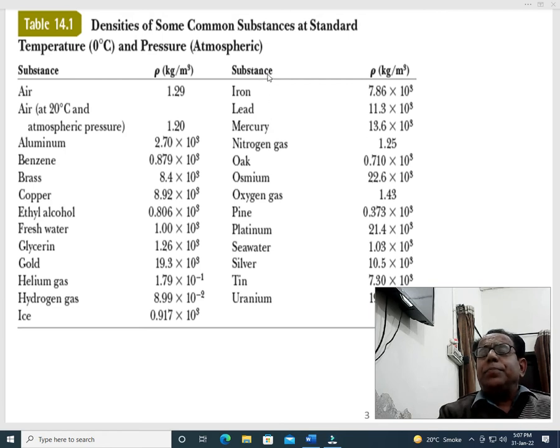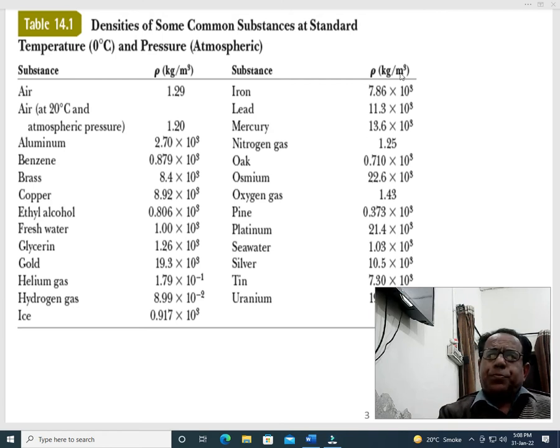This table comprises two columns, and the density of iron is given at the top of the second column. Iron: 7.86 into 10 raised to the power 3 kilogram per meter cube.